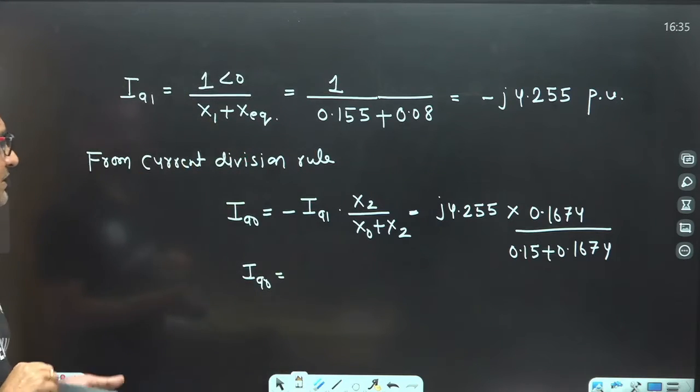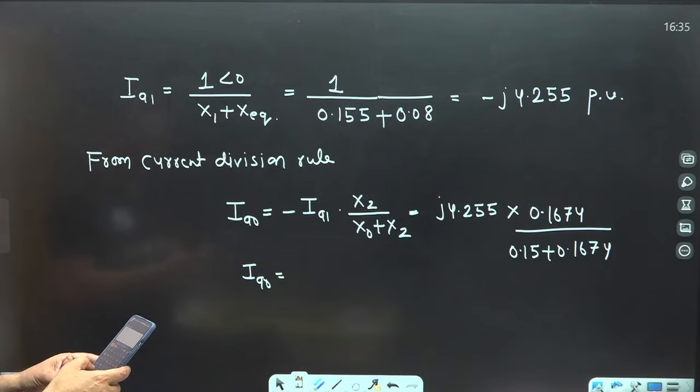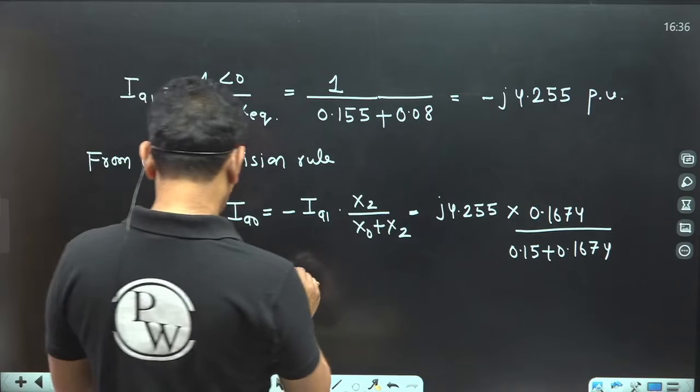So IA0 becomes 4.255 into 0.1674 divided by 0.15 plus 0.1674, which is 2.244 pu in magnitude.